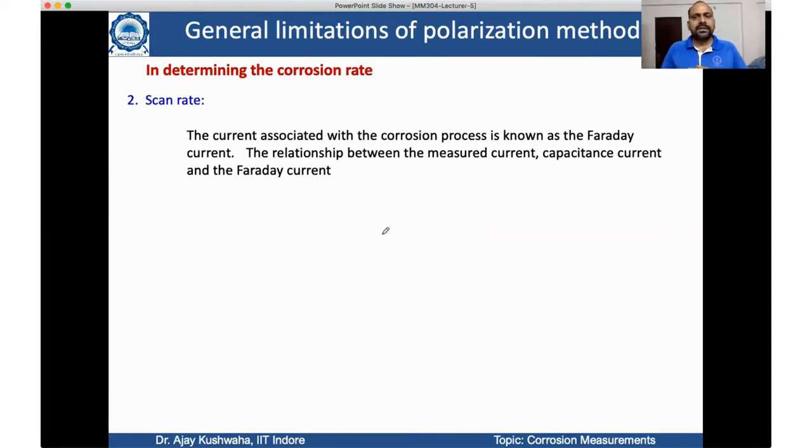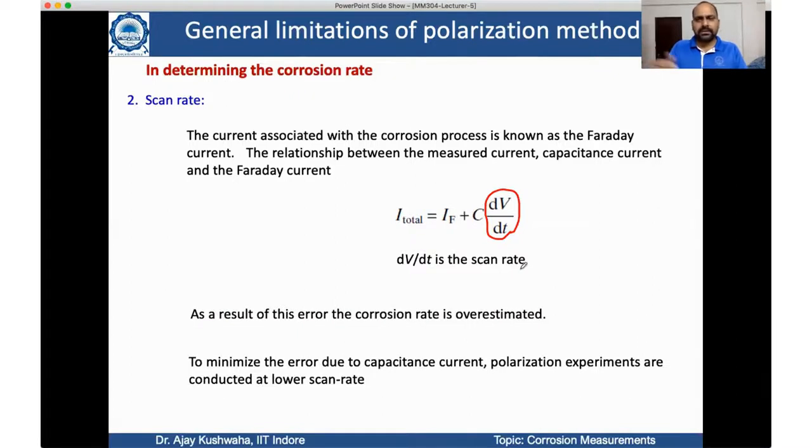If we are talking about corrosion current measurement, that is governed by Faraday's law. The corrosion process is known as the Faraday current, and the relationship between the measured current, the capacitive current and the Faraday current can be written with this well-known formula: I total is equal to the Faraday current plus the capacitive current, C dV/dt. So this term dV/dt is also contributing to I total. dV/dt is the scan rate, the change in the voltage if you are changing the voltage, or vice versa if you are changing the current.